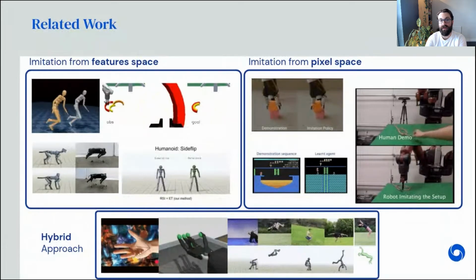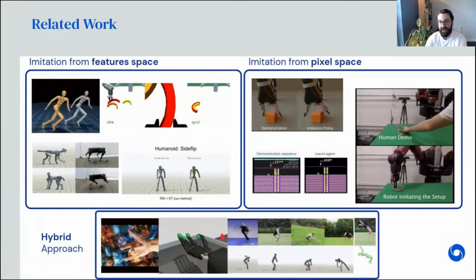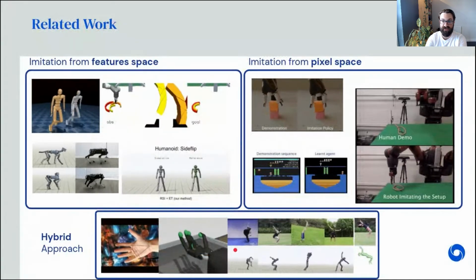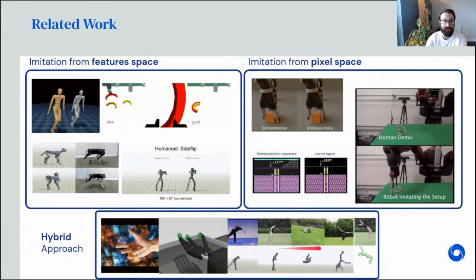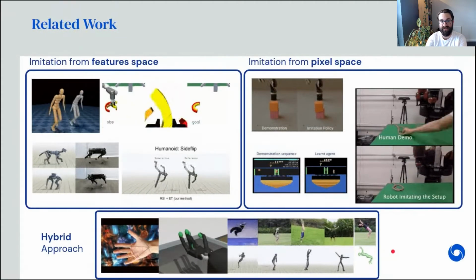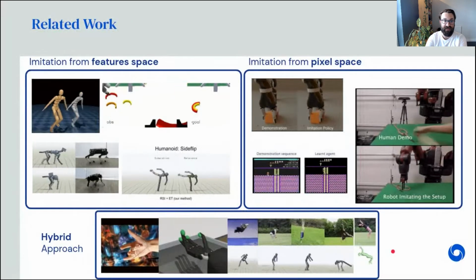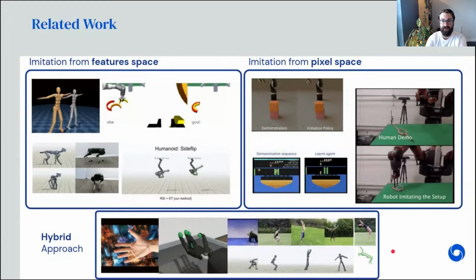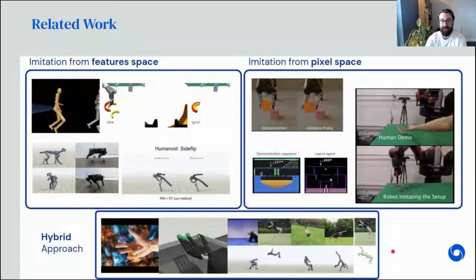There's a vision model that extracts, let's say here, a human pose, or here a body pose, and then they imitate these trajectories in simulation. But this turns the problem from pixel space imitation to feature space imitation. Our project tried to do imitation from pixel space and also with very large domain gaps, both in terms of embodiment, but also the reality gap as well.